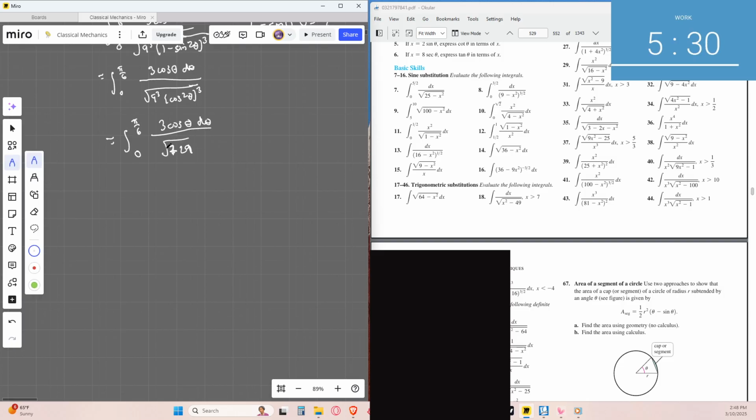The last one is that it will be cosine of 3. Now, oh, that is 27. So it will be 3 cosine theta over 27 cosine to the third.